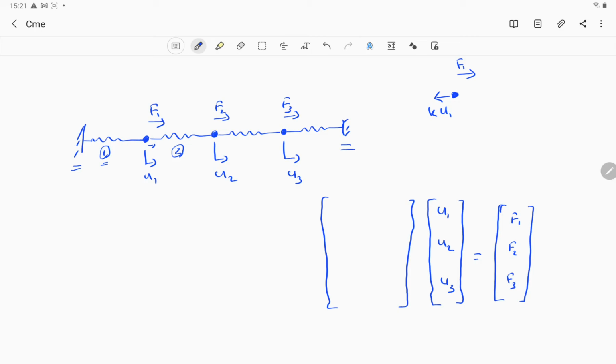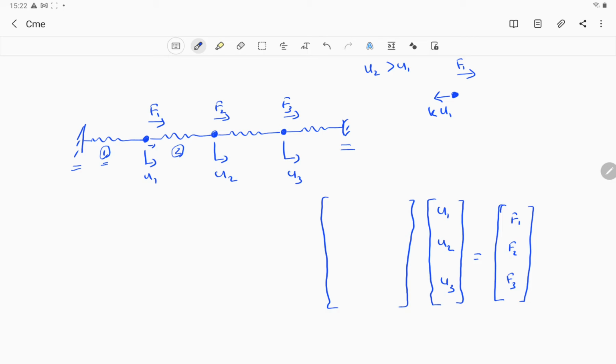Now what about the force exerted due to spring 2? For our assumption, let's say U2 is greater than U1. It doesn't matter even if you assume the opposite sense; just for illustration I'm going to use U2 greater than U1.